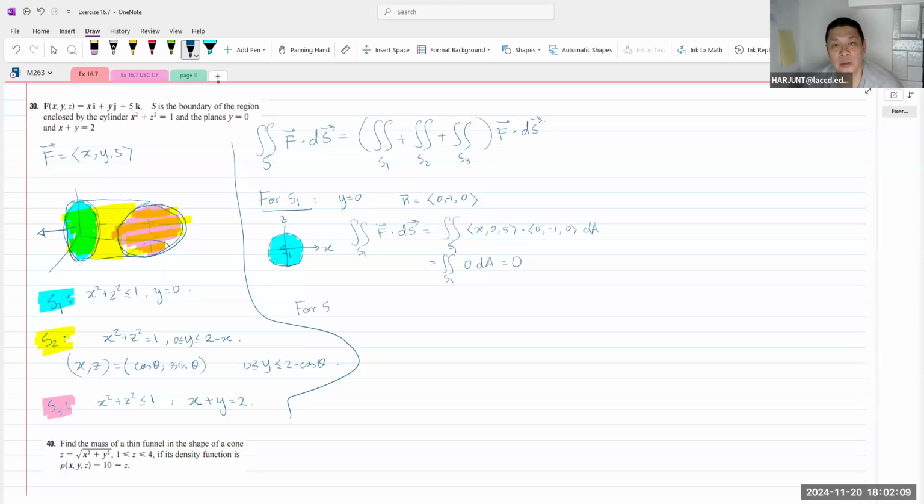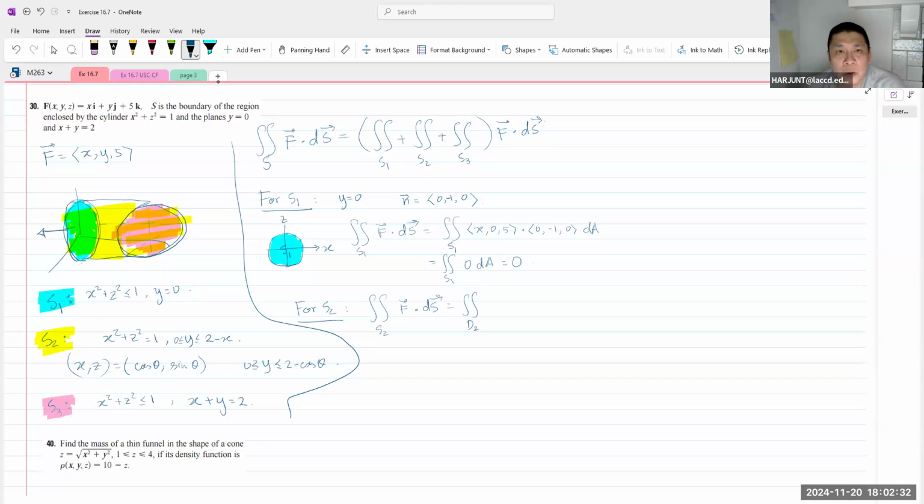For S2, this one is painful. It will be the double integral over S2 of F dot dS. Let's call D the domain for S2.